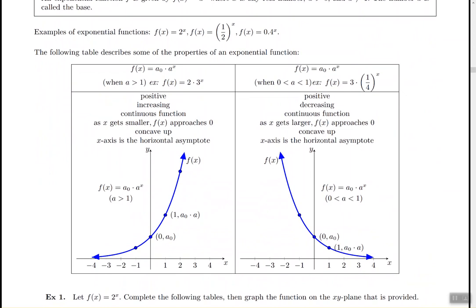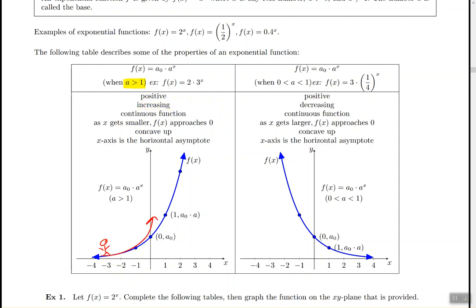In the first table, I'm telling you what happens if the base is a number that's more than 1. So if the base is something like 3 or 5 or something, then typically speaking, the graphs will start very, very small and they will expand and grow up very, very quickly, okay? So that's the general shape of the graph. So you'll notice that the function is always positive. It's always above the x-axis. That's what it means to be positive. You'll notice that the function is always increasing. So if I have a little stick figure guy standing over here, he will always be going uphill forever.